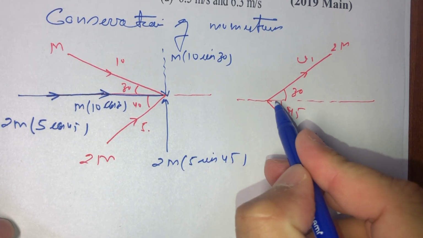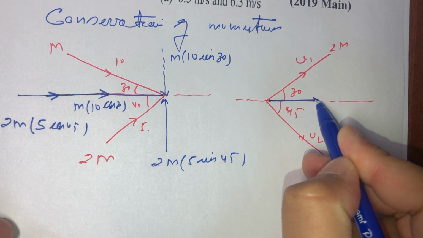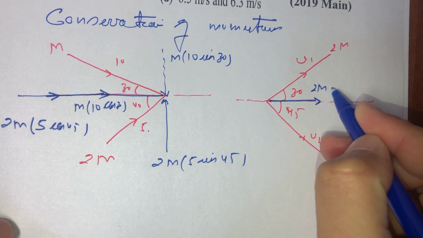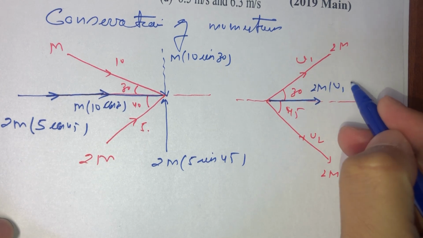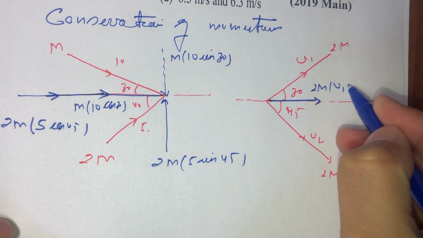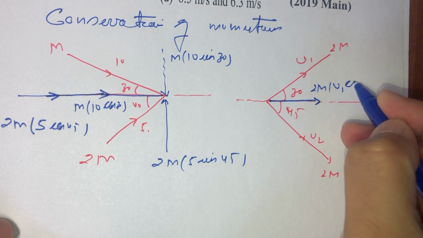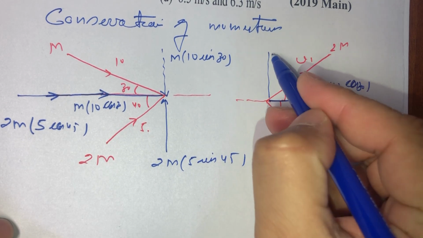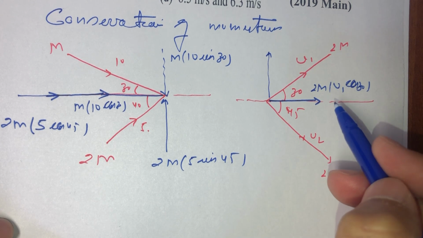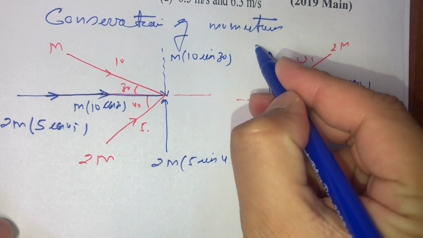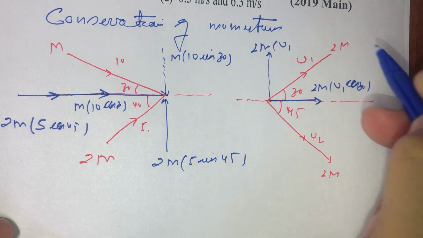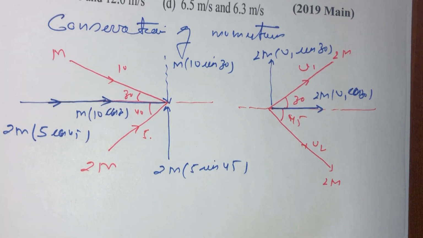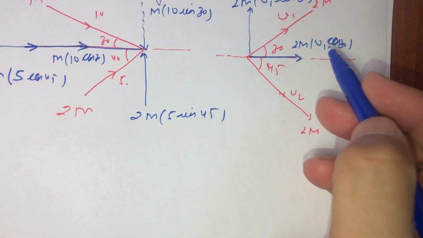This can be written as 2m v1 cos 30, and in the y direction it will be 2m v1 sin 30.